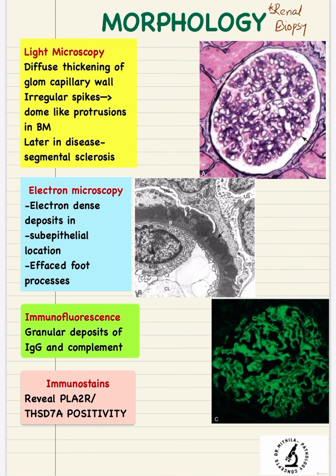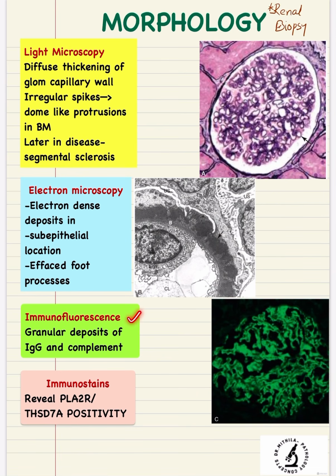Here again you can see the endothelium lining, then there is a basement membrane, and these are the epithelial cells, podocytes, and their foot processes become effaced. Now these are the electron dense deposits, which are present in the subepithelial location. So 2 points you need to remember: the electron dense deposits, and second is the effaced foot processes.